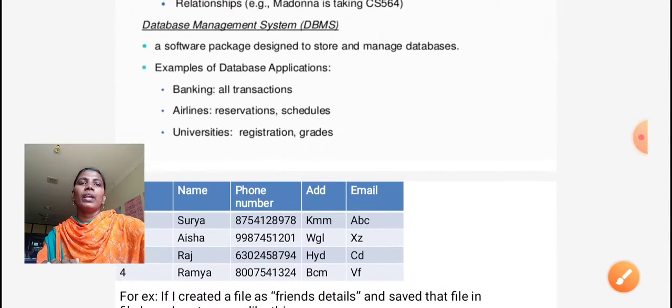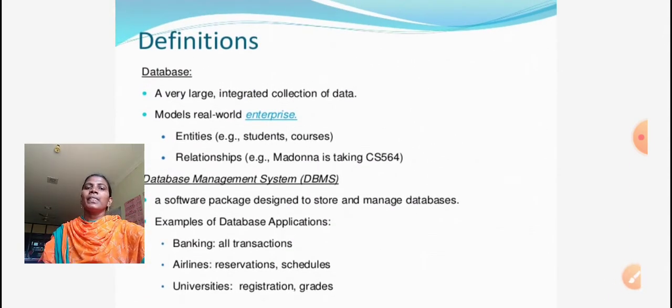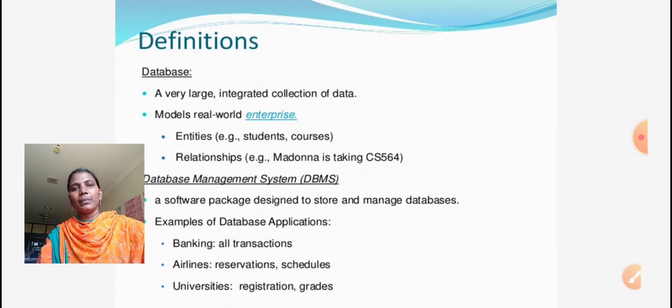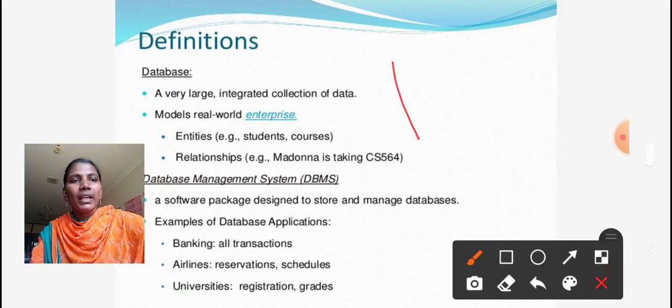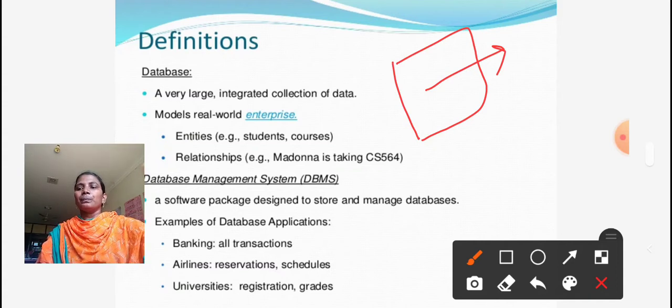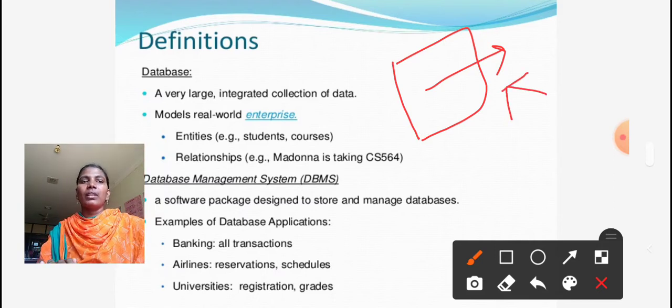Now we move to the definition of database. A database is a collection of logically related data without redundancy, stored at one place, as one file, and accessed by multiple people using that one file only.